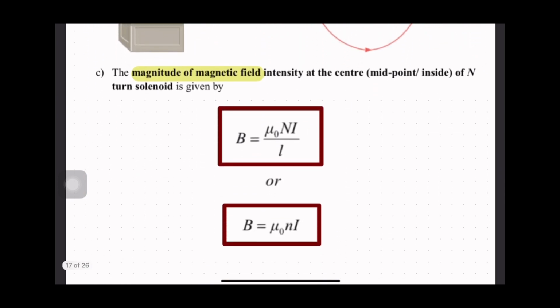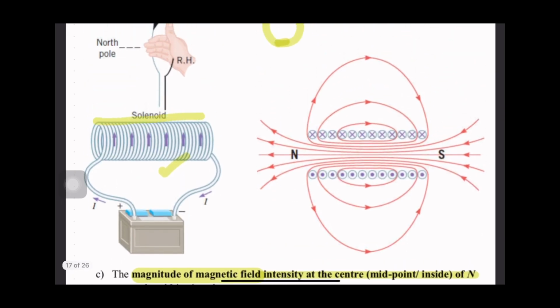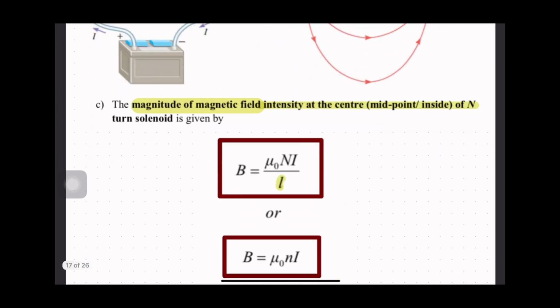Alright. So the magnitude of magnetic field intensity at the center, or midpoint, of the solenoid is given by the equation B equals mu naught N I over L. L is the length of the solenoid.